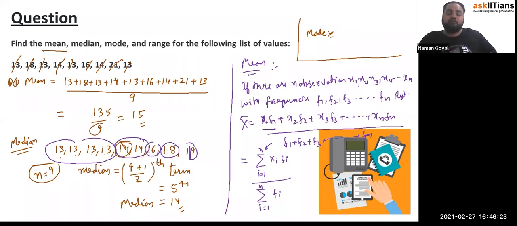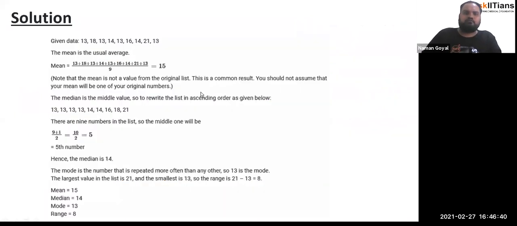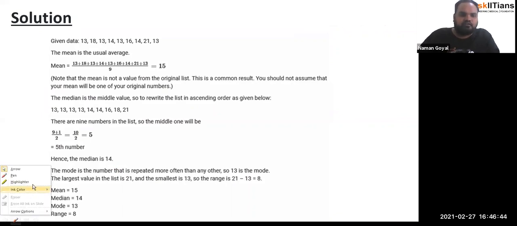As I told you, the number whose frequency is larger, the one that comes the most. So 13 comes more, so the answer will be 13 only. So the mode for this particular data is 13.